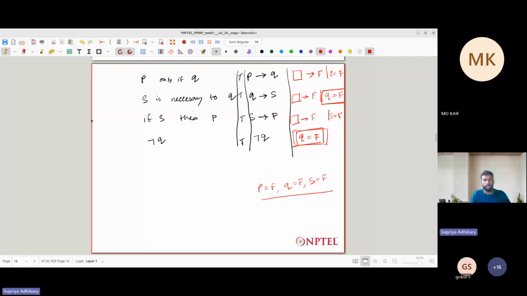Here we will check whether these two statements are logically equivalent. We look for a truth assignment.